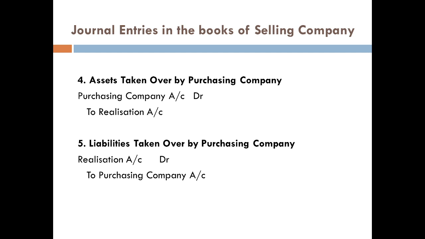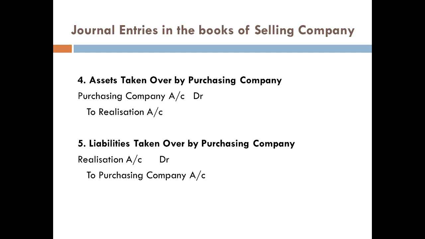So if, for example, the sundry creditors of X Limited are taken over by Z Limited, it implies that Z Limited needs to pay. So we put the purchasing company on the credit, and once again, we transferred the liability to the realization account earlier in the second journal entry. Now we are giving a counter entry here at the revalued amount.